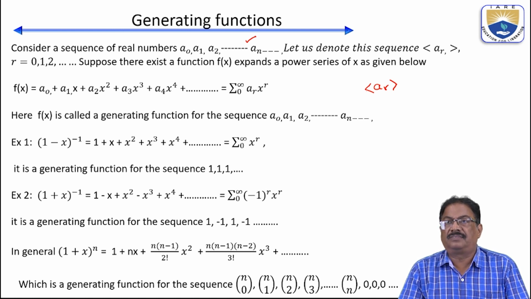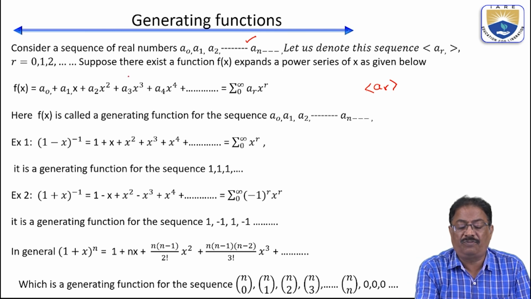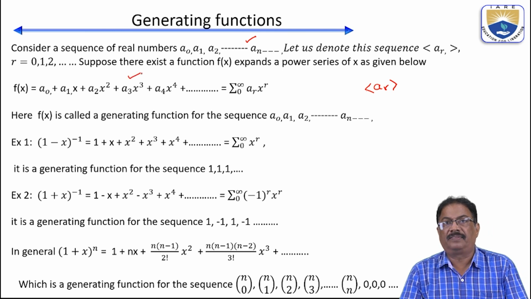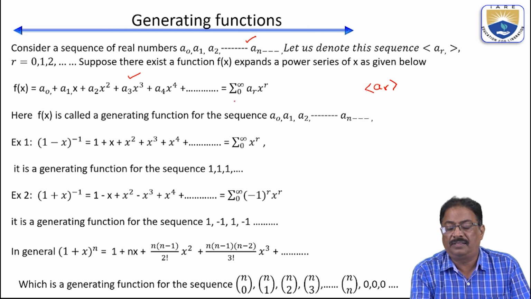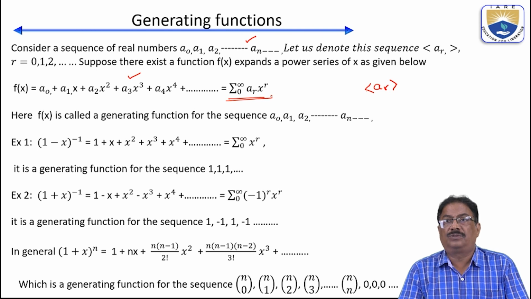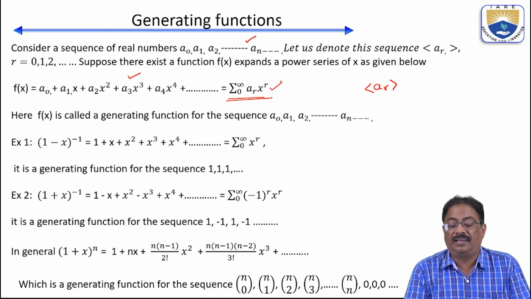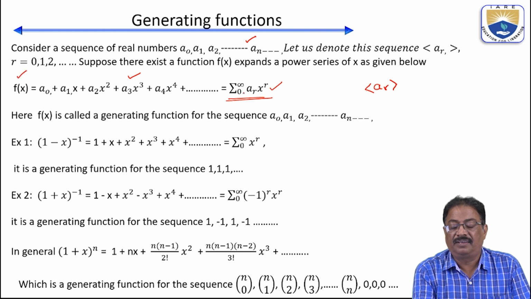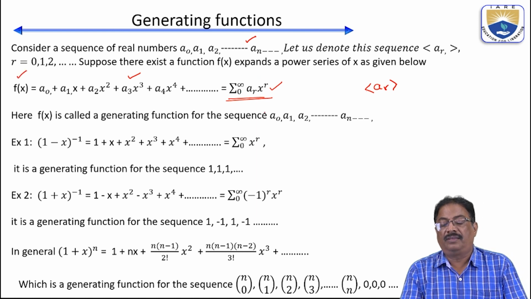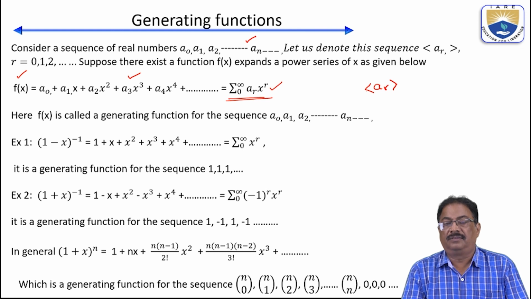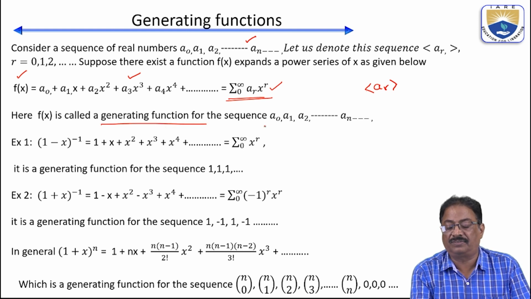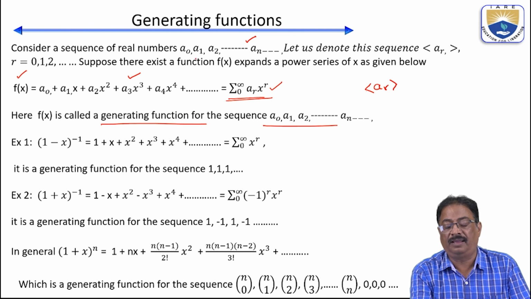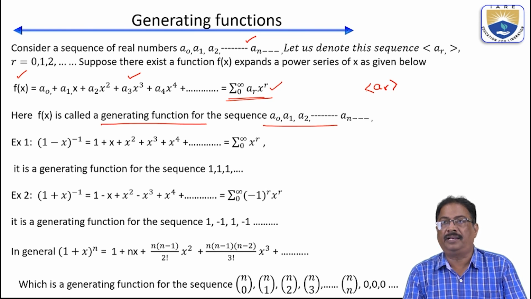Now for this sequence, if we express a function like this, f of x is equal to a0 plus a1x plus a2x square and so on, this infinite series I am going to represent like this. This is known as a generating function. f of x is equal to the summation of a_r x power r, which is known as the generating function for the sequence a0, a1 and so on, an and so on.